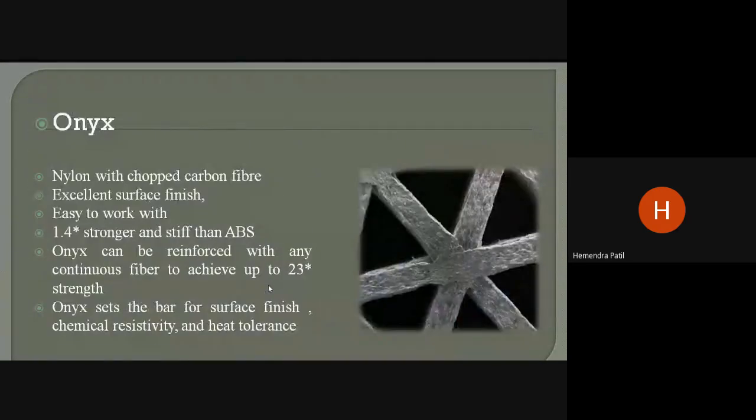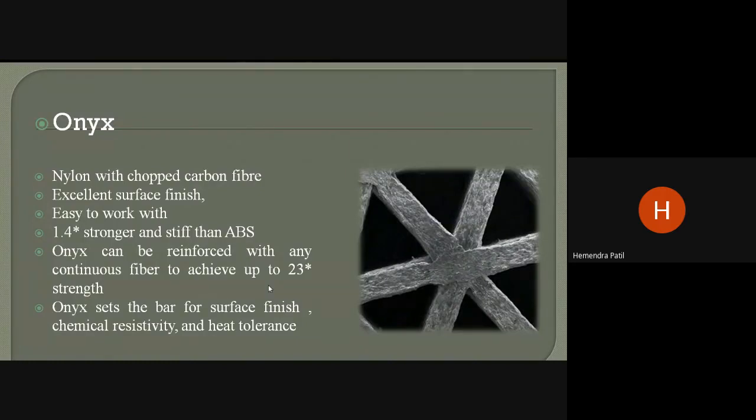Here is Onyx, which is a nylon with chopped carbon fiber. It has an excellent surface finish and is easy to work with. It is 1.4 times stronger and stiffer than ABS. Onyx can be reinforced with any continuous fiber to achieve up to 23 times the strength.